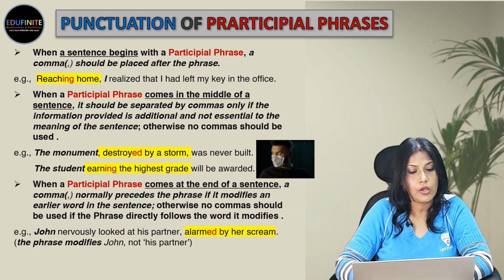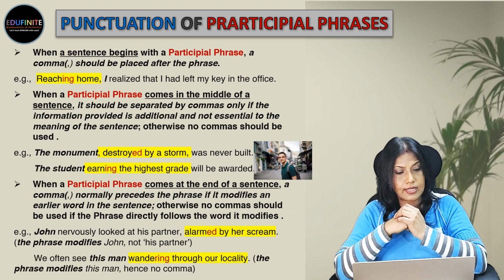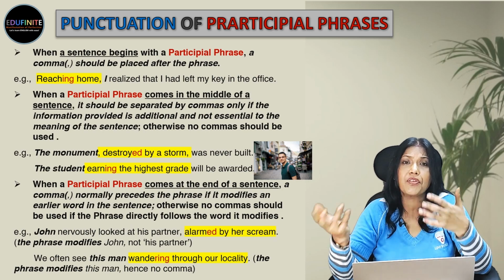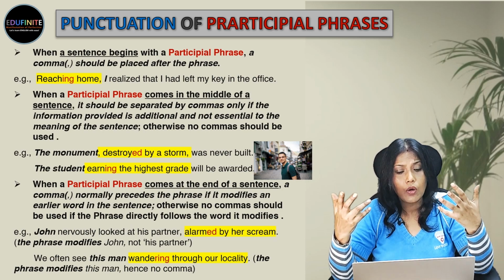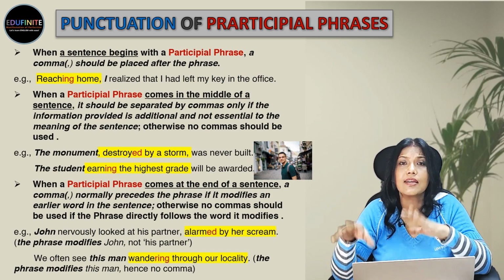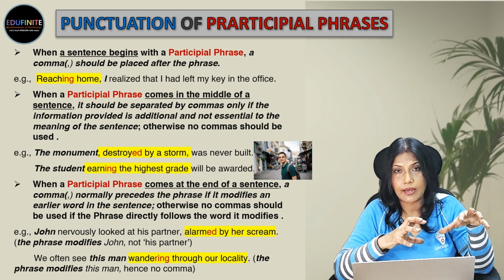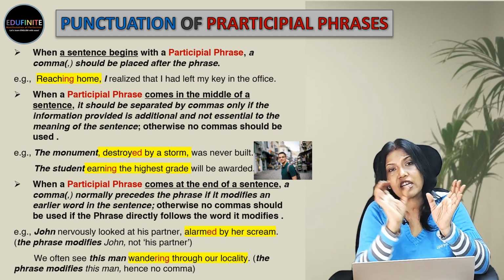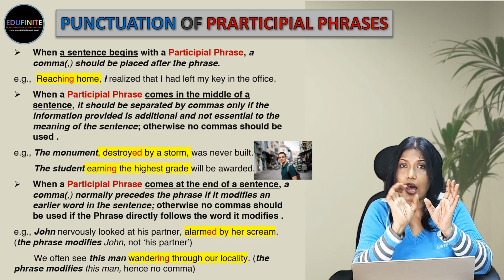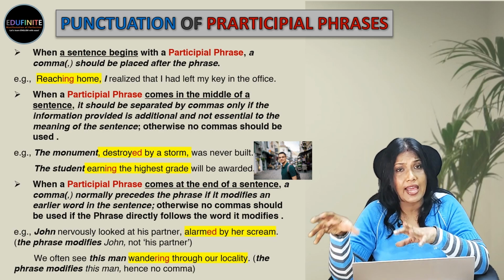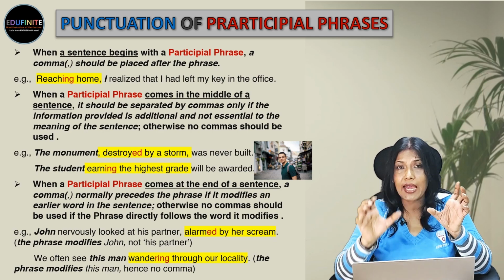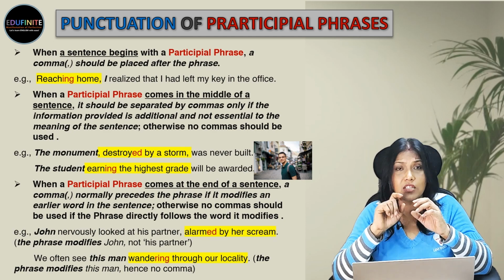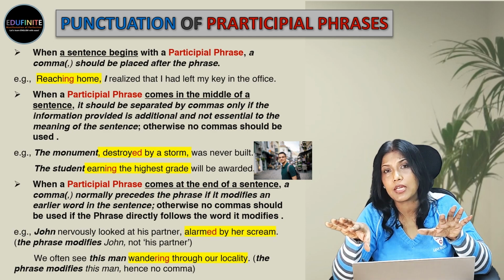Okay, now if the sentence is, we often see this man wandering through a locality. Wandering through a locality is telling us about this man. So it's placed beside the noun that it is modifying, though it's at the end of the sentence. It is placed right beside the noun it is modifying, so you don't have to put any commas.